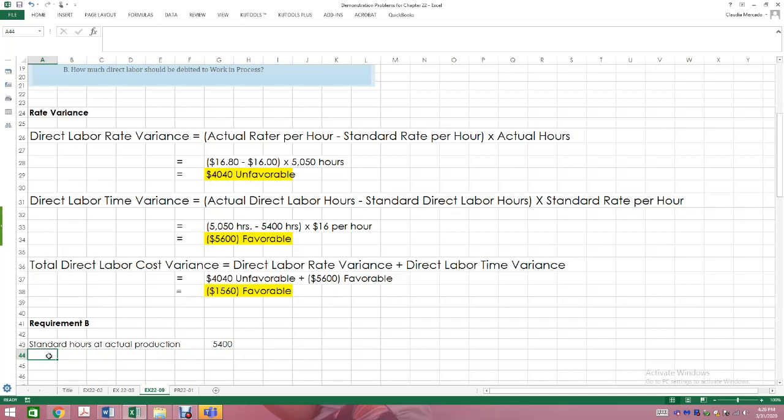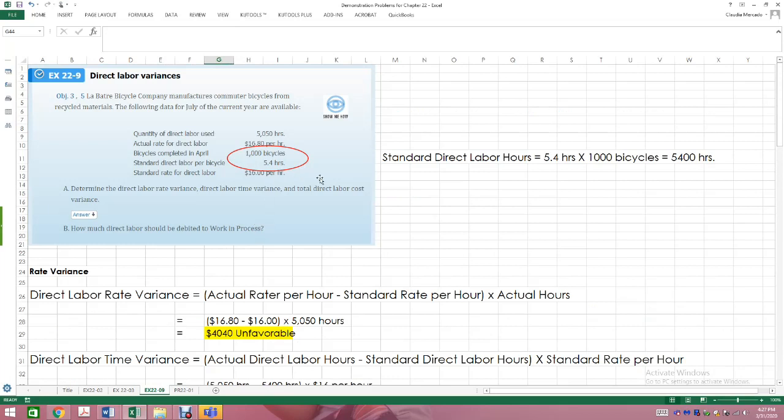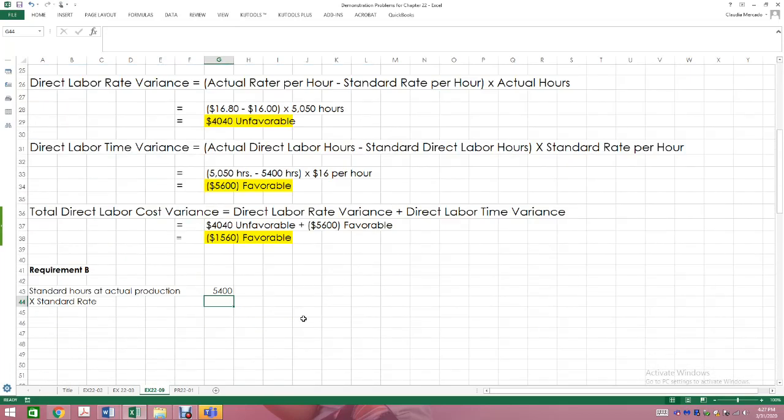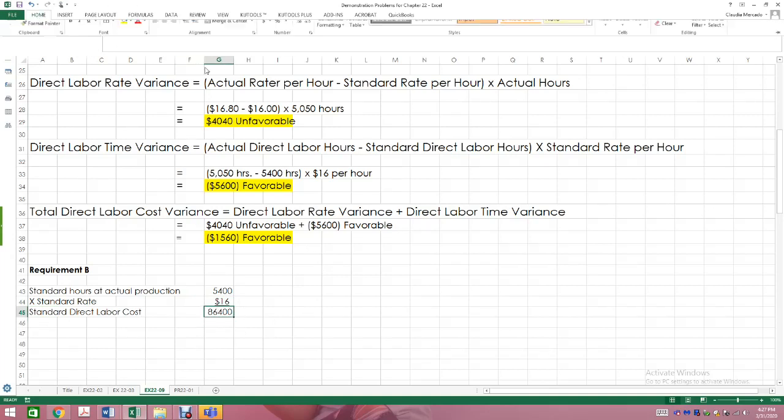We're going to multiply by our standard rate. My standard rate is $16. So my standard direct labor cost, the 5,400 times the 16, is going to be $86,400.